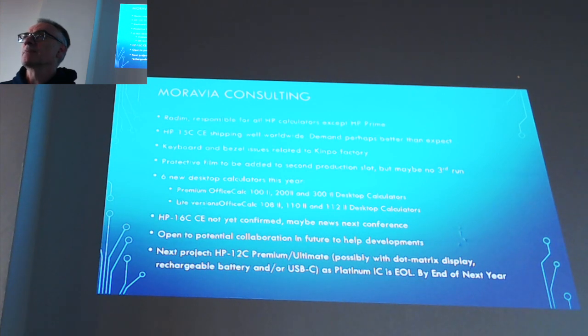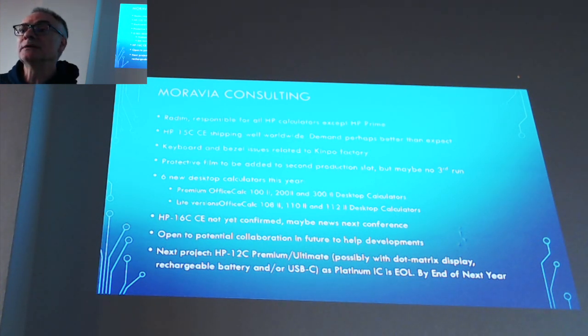As opposed to the packaging. As opposed to the packaging, yes, because the protective strip is on the outside of the packaging, not on the display. How many of you actually had slight scratching on the bezel? No. No. But they're not sure yet whether they will do a third run of the 15C CE.